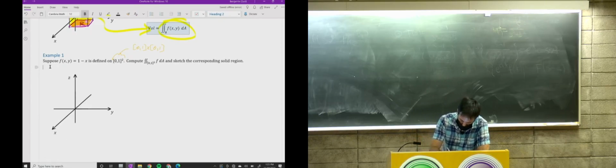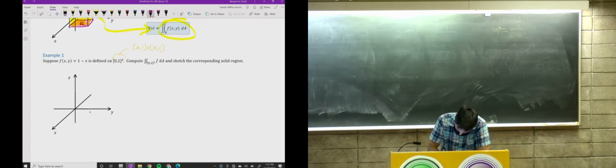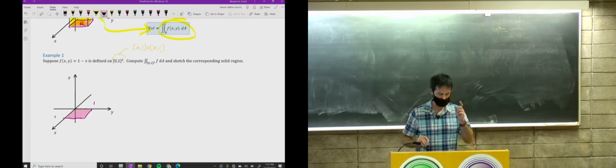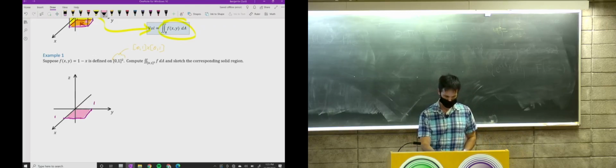Let's see, the unit square is, this is 1, and this is 1. So there's the unit square. So this is the domain. The function will be plotted on the z-axis, and it's equal to 1 minus x.